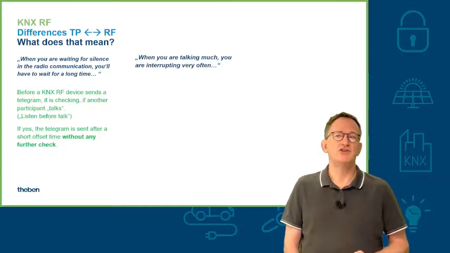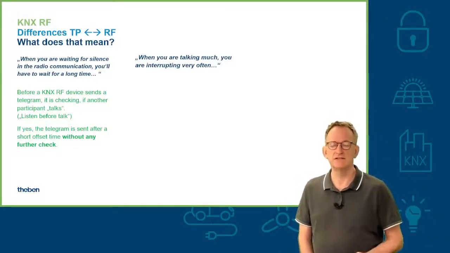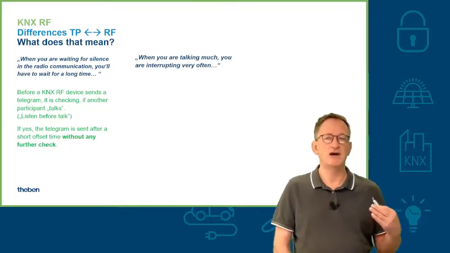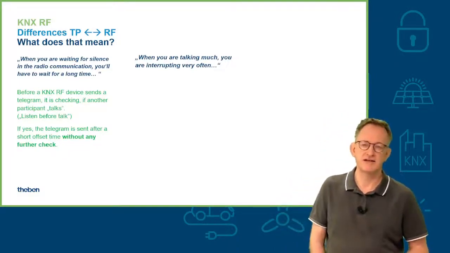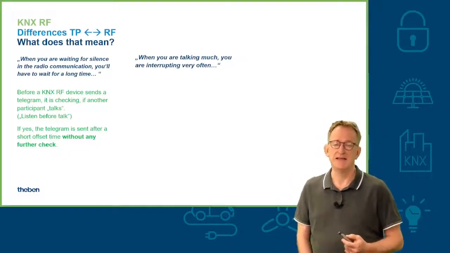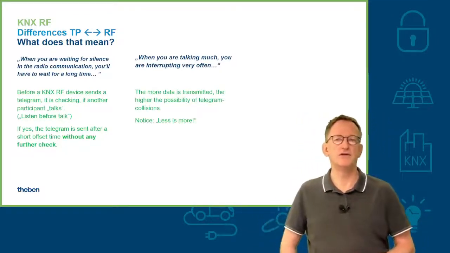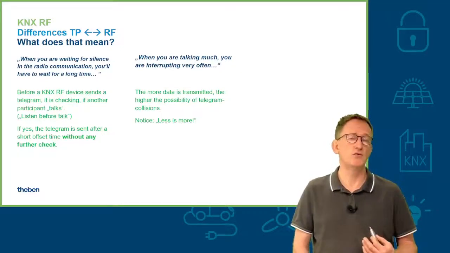If you are just talking too much, if you have many devices on the RF side which are always talking or talking too often, the risk is very high that you have more collisions. So what does that mean for our configuration? Very important: just send telegrams which are really necessary.